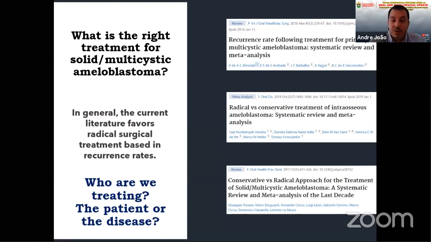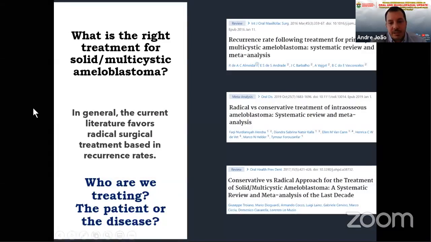When you go to the literature, it says the right treatment is radical surgery, because basically the papers base their conclusions on the recurrence rates. So which one gives the lowest recurrence rate is the recommended treatment. But to do this, you need to do a radical surgery, and we're going to talk a bit about it.